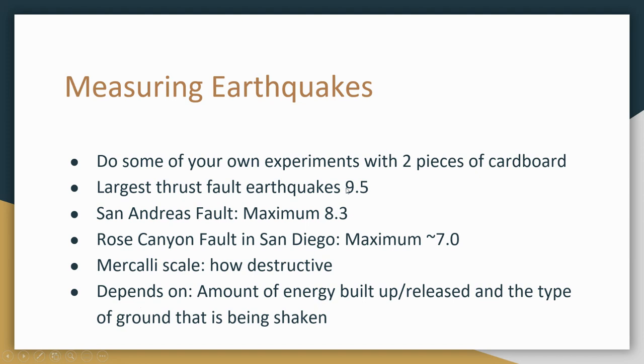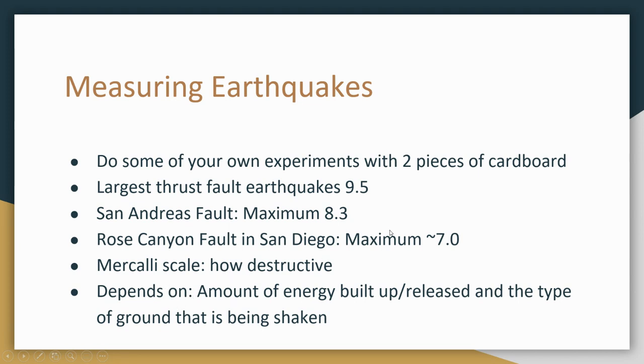If you have a 9.5 earthquake that's shaking a bunch of rocks, well, rocks are a more stable footing for buildings than a bunch of sand. So if you have an earthquake traveling through rocks, you're going to have a lower value on the Mercalli scale than a really large earthquake traveling through sand, which would cause a whole lot more destruction.